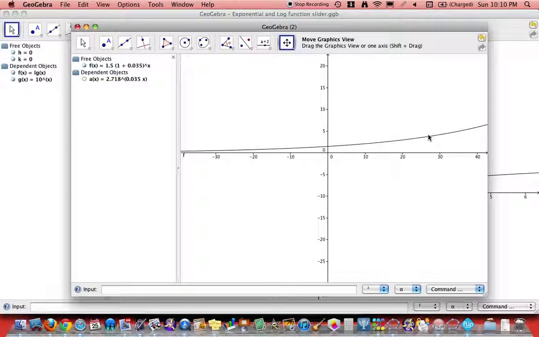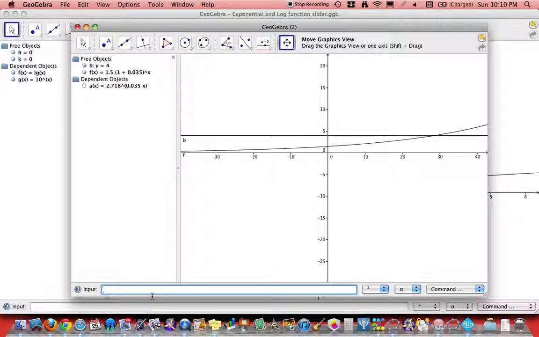Well, let's find out when y equals 4, and find the intersection of the two functions. It's going to be at year 28 and a half, about 28.5 years, when it'll reach 4 million.